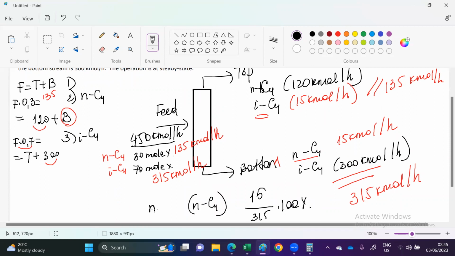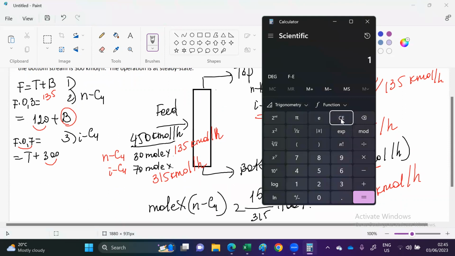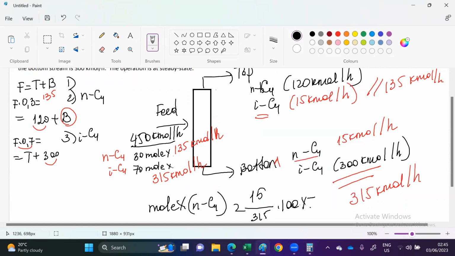NC4 mole percentage will be equal to 15 over 315 and multiply by 100. 4.76. Let's write it. 4.76%, approximately 5%, and it means the remaining one, approximately 95%, will be isobutanol.